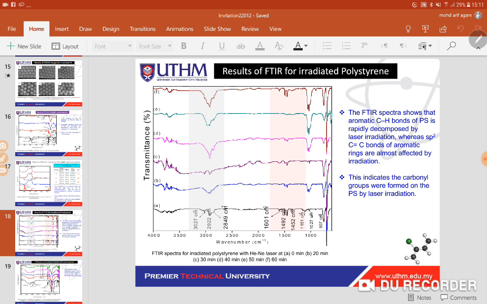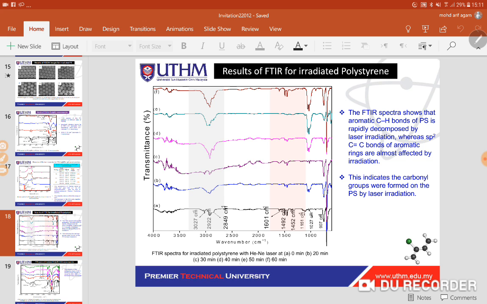So the longer the laser you expose the polystyrene to, the polystyrene somehow changes, and then changes a bit, changes again and changes again like that.